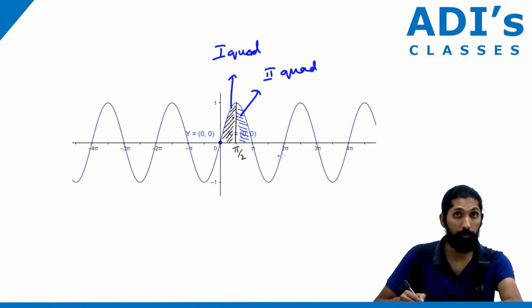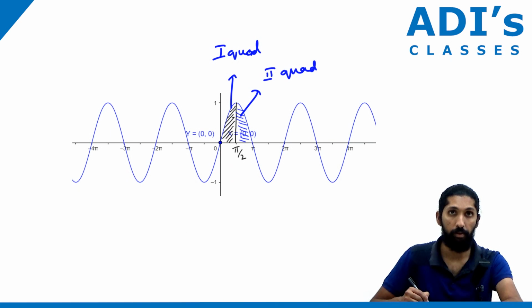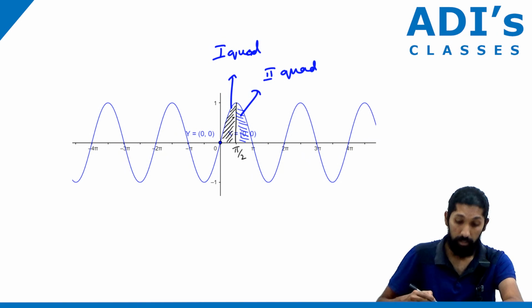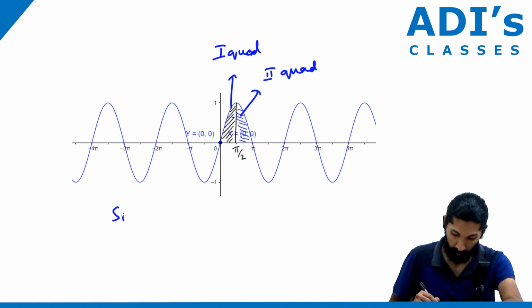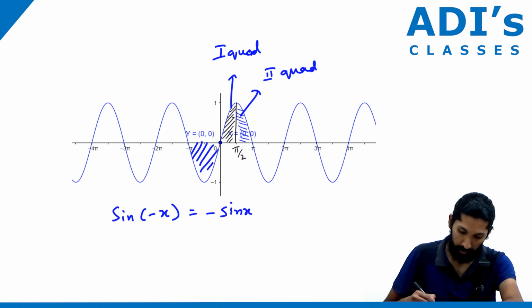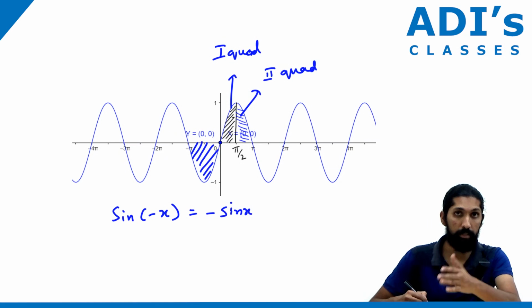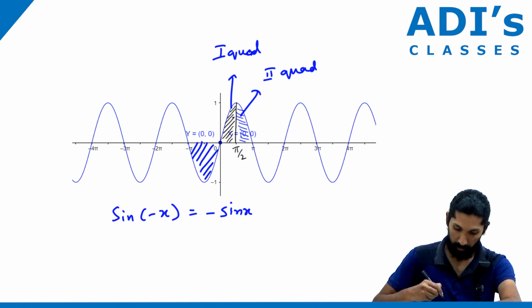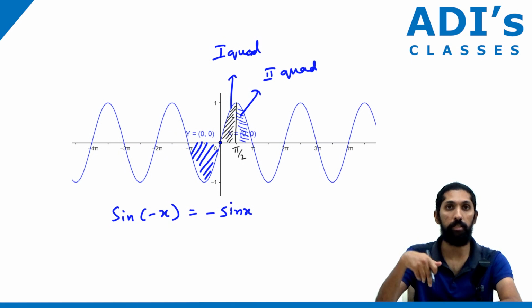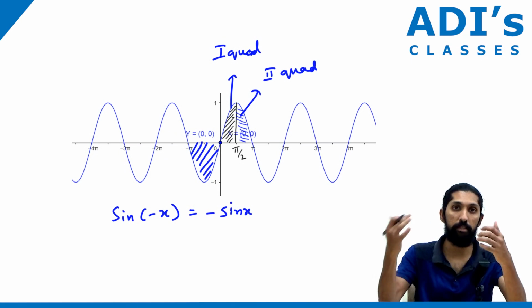Same thing, in the third and fourth quadrants sine is negative. Correct? But what is sine of minus x? If you remember, sine of minus x is equal to minus sine x, right? And that is what is represented in this particular part. That's why this is going to be negative. So whatever you are seeing is basically the sine curve.